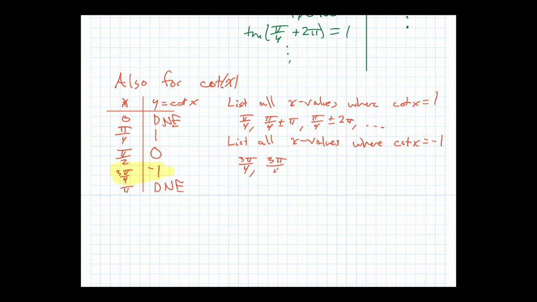So 3/4 pi plus or minus pi, 3/4 pi plus or minus 2 pi, forever. So you can find as many of those as you want based on moving over by pi in either direction.